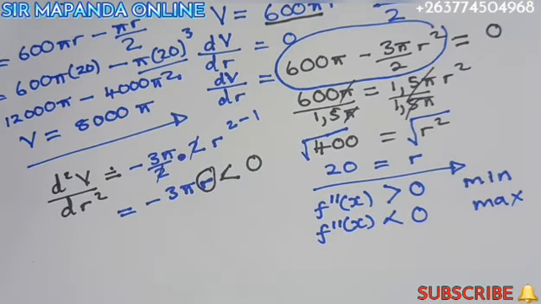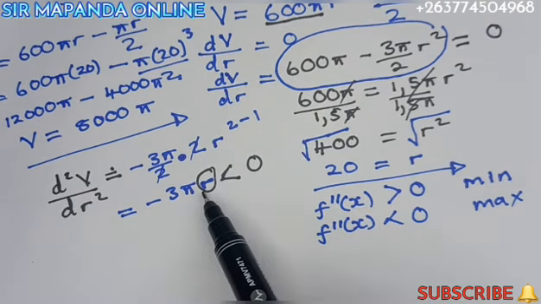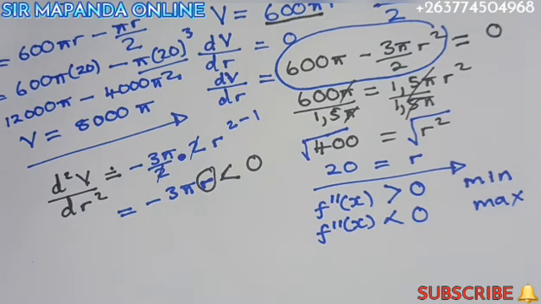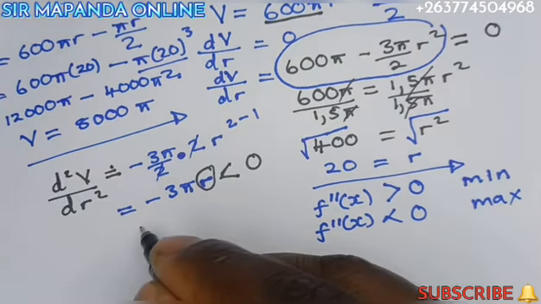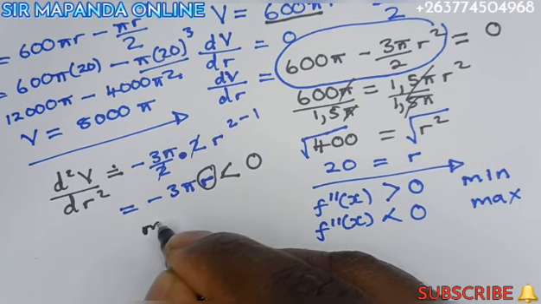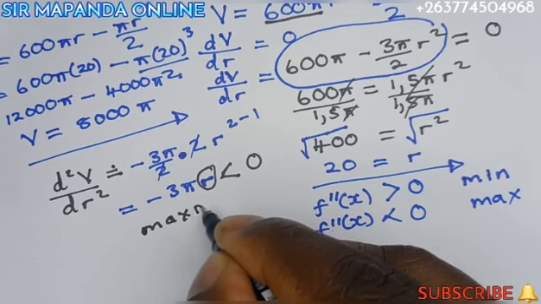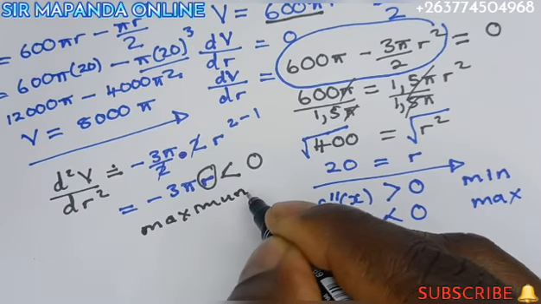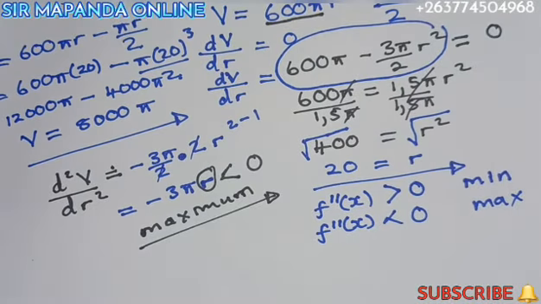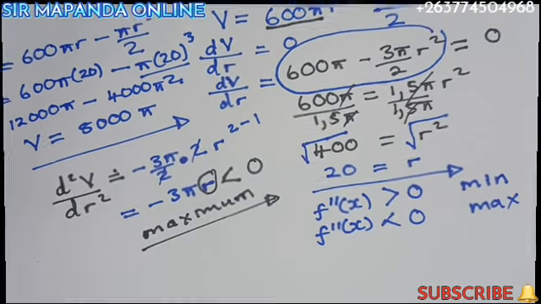Radius is a dimension, or radius denotes length, which is always positive. So it means minus 3 pi times any value of radius, we are going to get a negative result, which is less than 0. Therefore, since the second derivative is less than 0, this is a maximum value. So this is your final result.